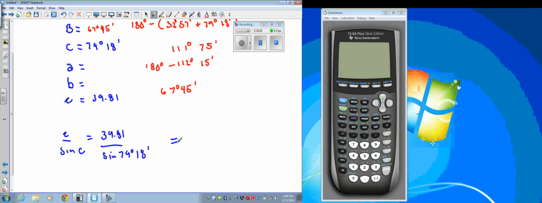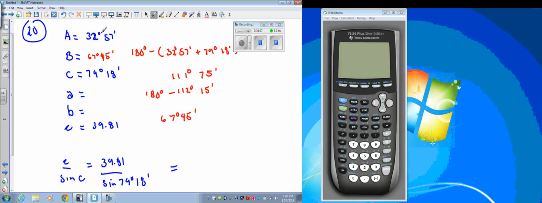And then we'll do the ratio of A over sine A. And I'm just going to put the sine, rather than sine of that capital letter, 32 degrees 57 minutes. And we know that we're going to multiply this times that thing, right? And I'll multiply this out at once. So I'm going to go 39.